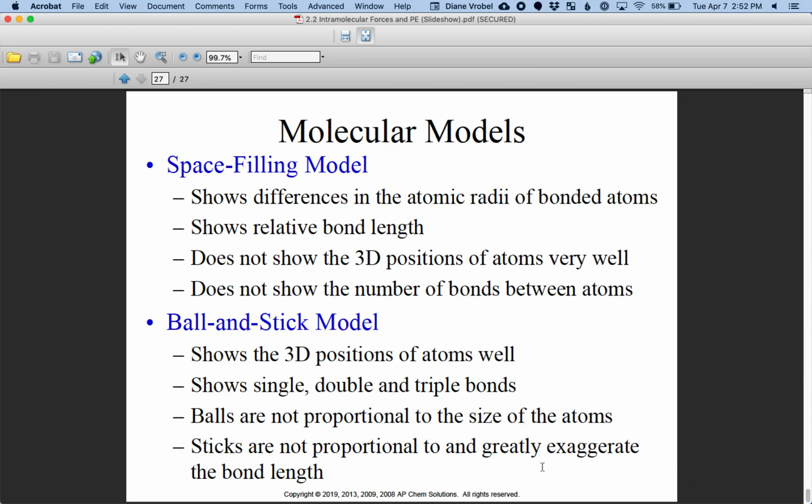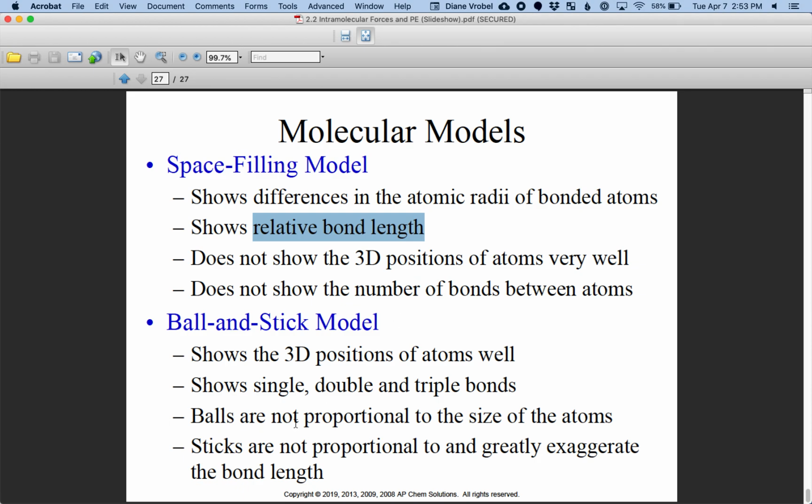Okay, so the difference between space filling and ball and stick model, notice that space filling doesn't show exactly where the 3D positions of the atoms are, whereas ball and stick shows where the position of the atoms are. Ball and stick is good at representing single, double, or triple bonds, but space filling will show the relative bond length.